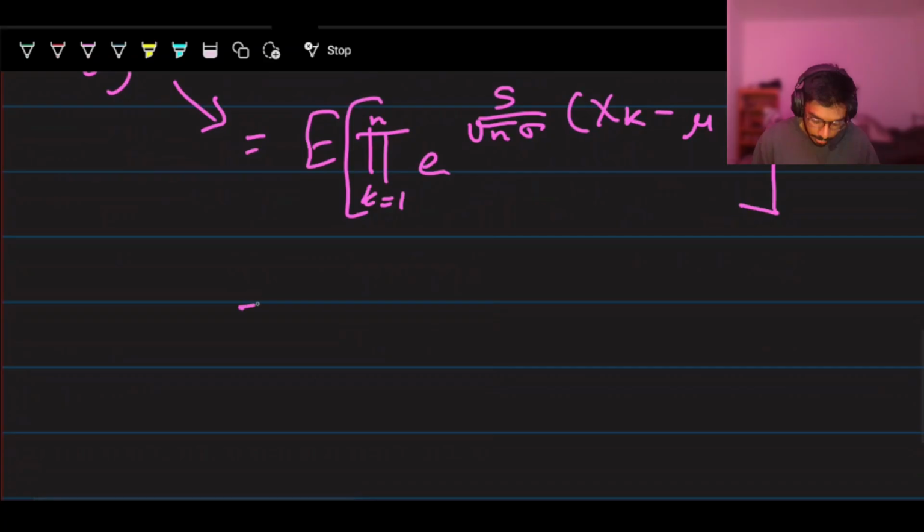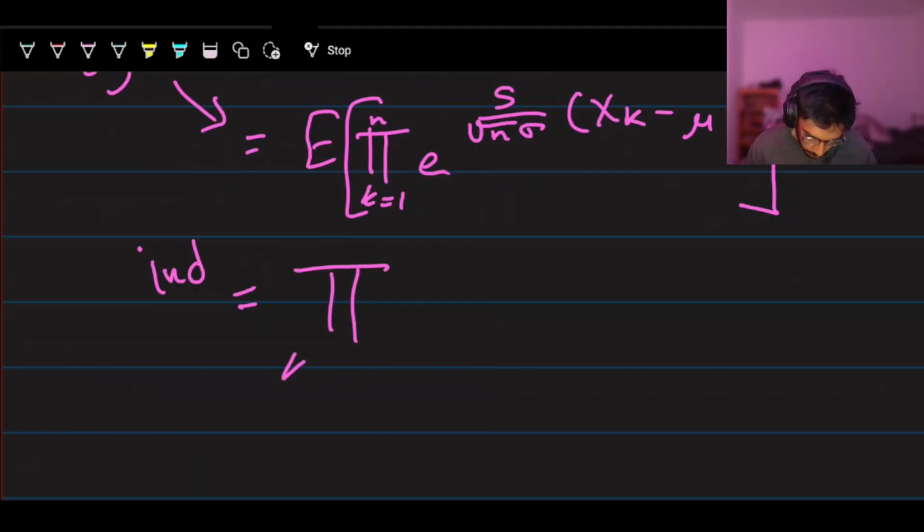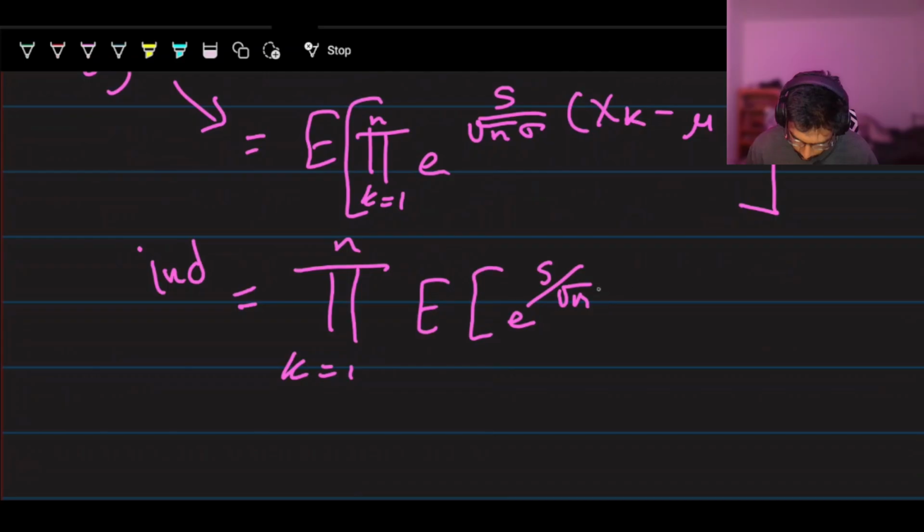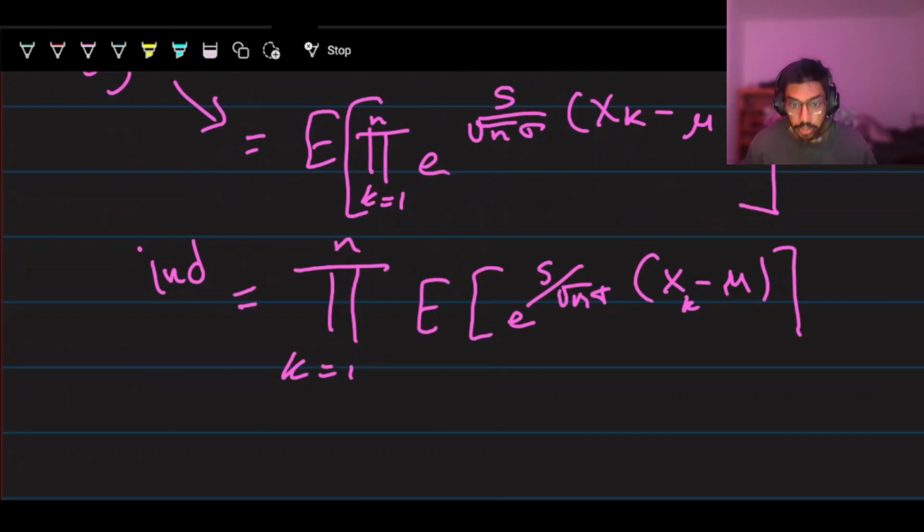Then by independence, we can move our expectation inside. So now we just have the product from k equals 1 to n of the expectation of e to the s over root n sigma times xk minus mu.